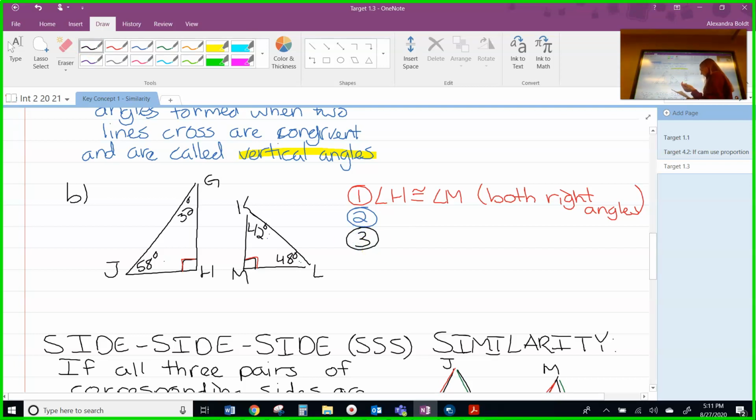So all I can say is these are not similar. Okay, so if you can't fill in that second spot, the triangles are simply not similar. And again, that's because there's no second pair.